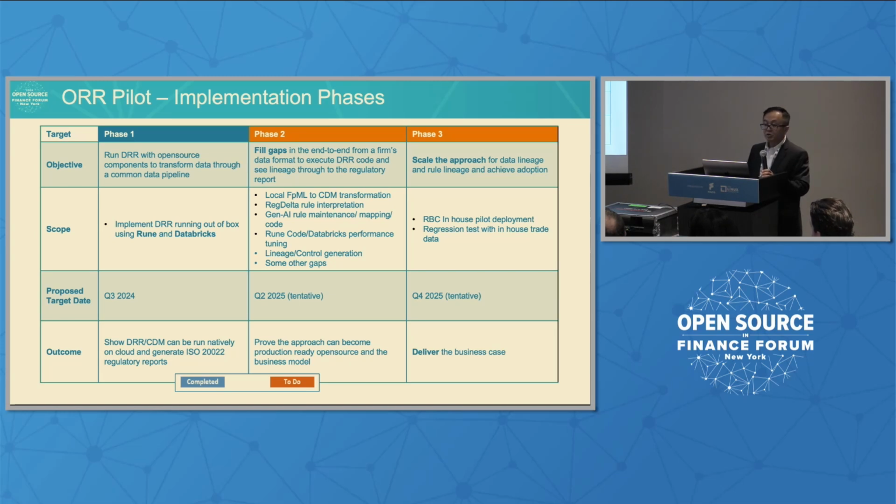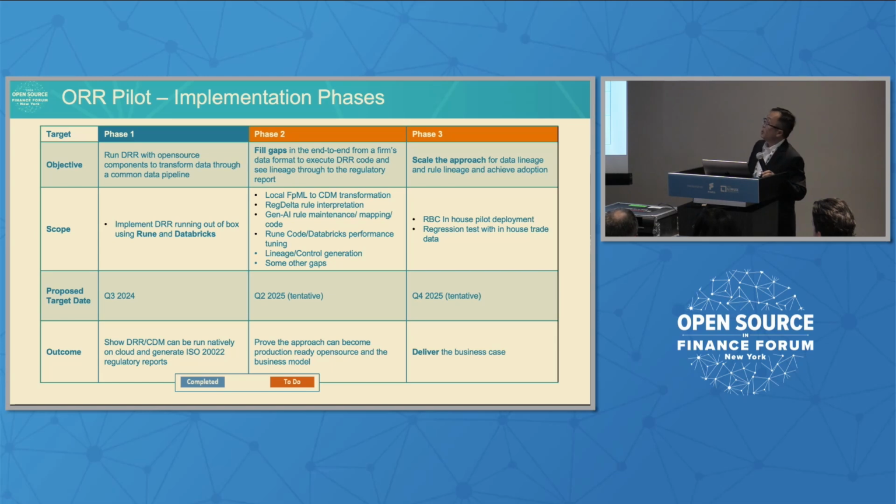And just recently, the working environment has been set up on the FINOS lab environment, which is going to take this CDM trade and run against the Rune DRR Java code, and will produce different regulatory reports along with this ISO 20022 XML output. Later on, you will be given some detailed information on this phase 1 implementation.